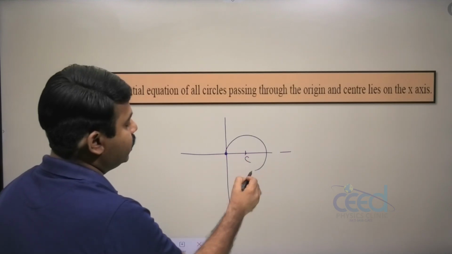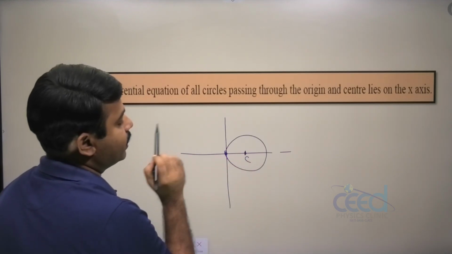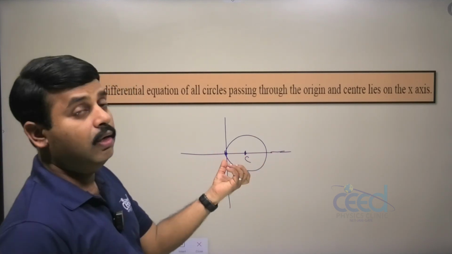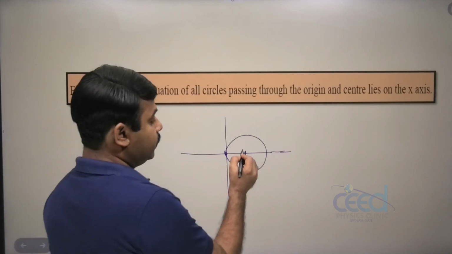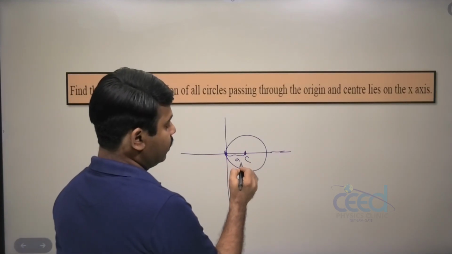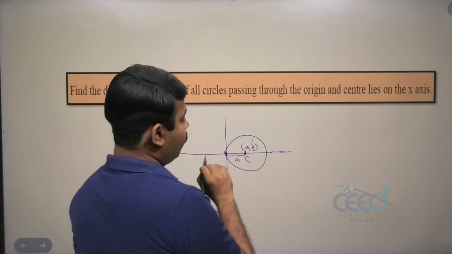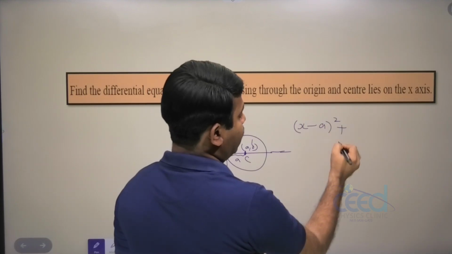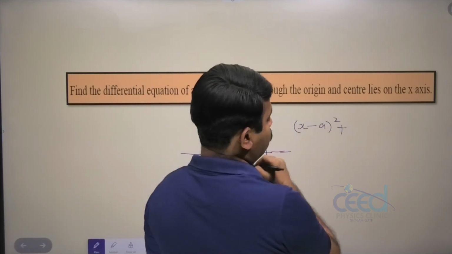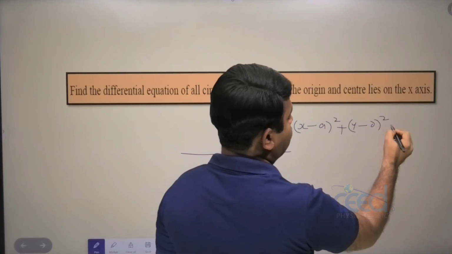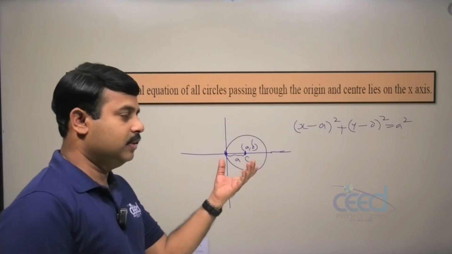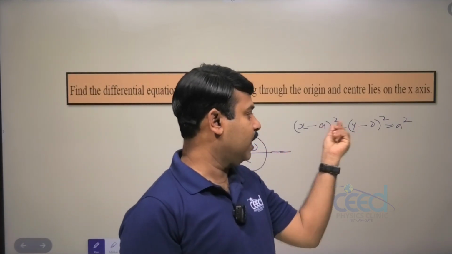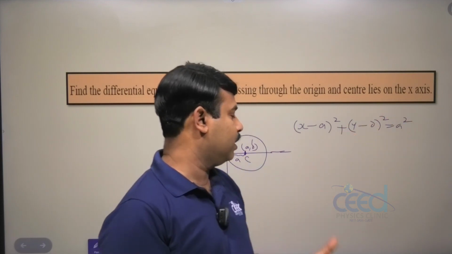What is the equation of a circle corresponding to this? Suppose the radius is a, then the center is (a, 0). Then, as we studied, with the center on the x-axis, x minus a the whole square plus y minus 0 the whole square equals a square. This is the general equation of the circle with center (a, 0) and radius a.